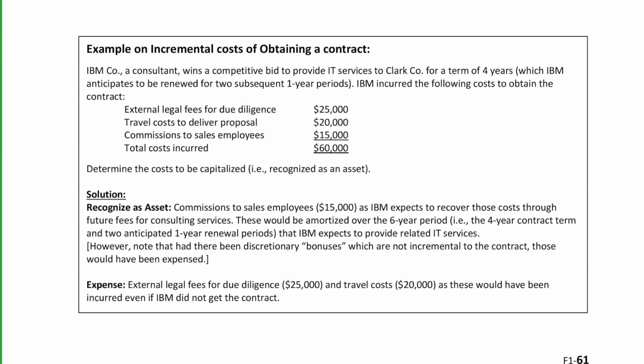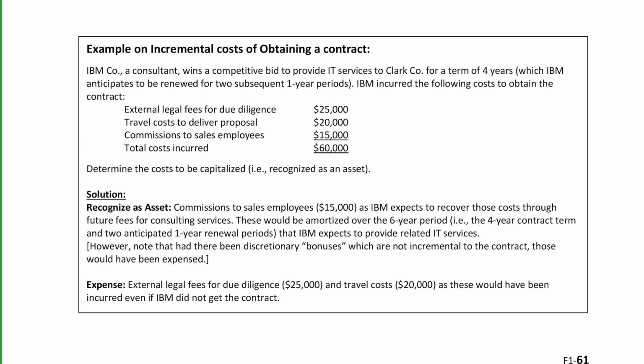IBM incurred the following costs to obtain the contract. First one, external legal fees for due diligence, $25,000. Travel costs to deliver the proposal, $20,000. Commissions to sales employees, $15,000. So that makes the total costs of obtaining the contract, the total incremental costs, $60,000.